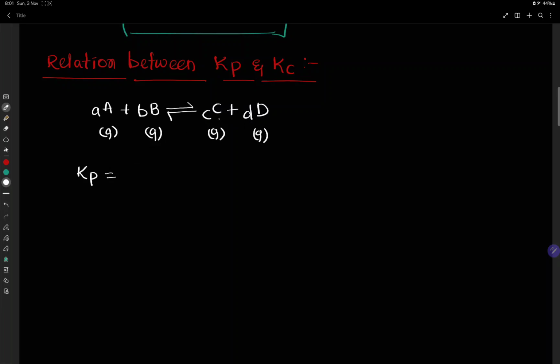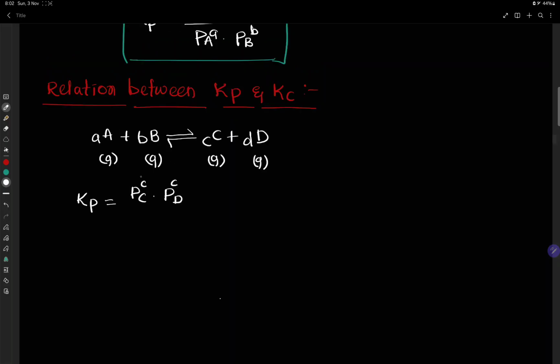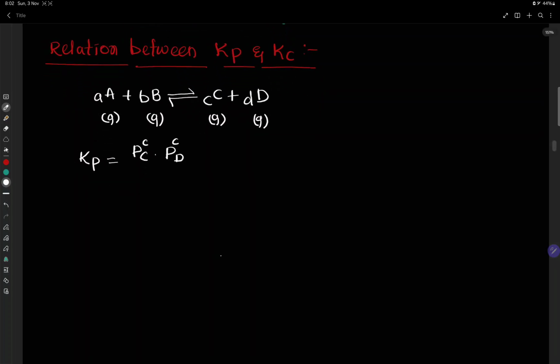Partial pressure of C into partial pressure of D raised to their stoichiometric coefficients, small c, small d, by partial pressure of A power a into partial pressure of B power b. Consider it as equation 1.